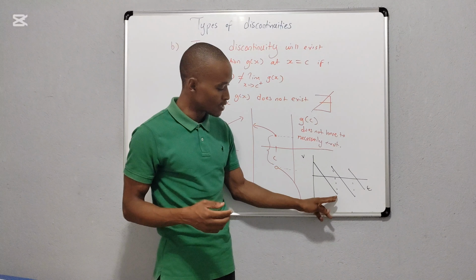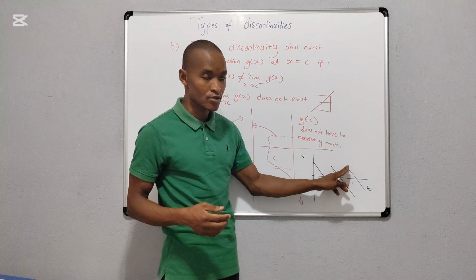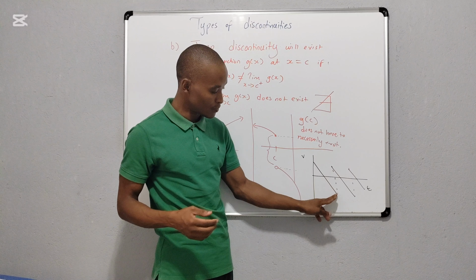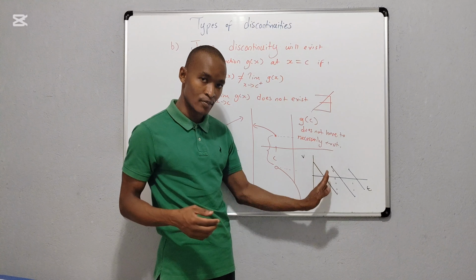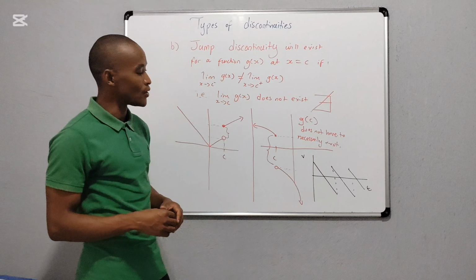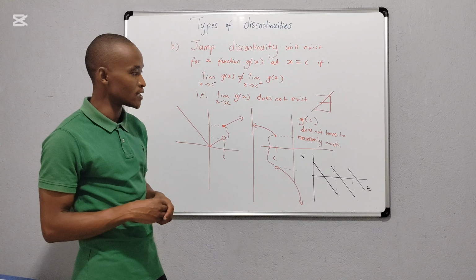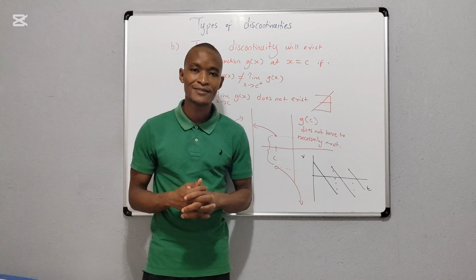But this is an example of a jump discontinuity, where the limit from the left won't be equal to the limit from the right at the same point. So this is your velocity-time graph in physics.